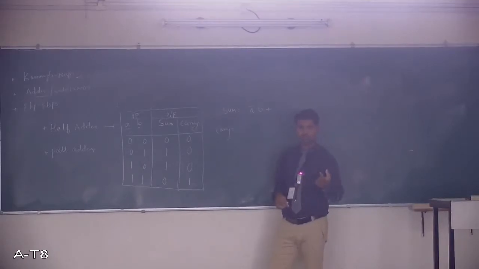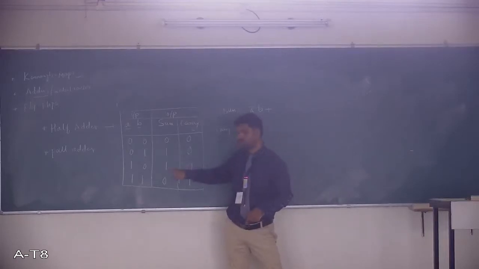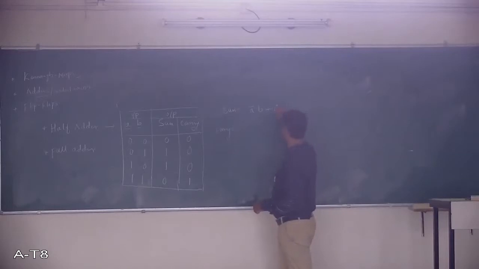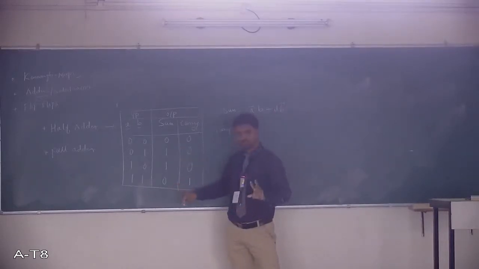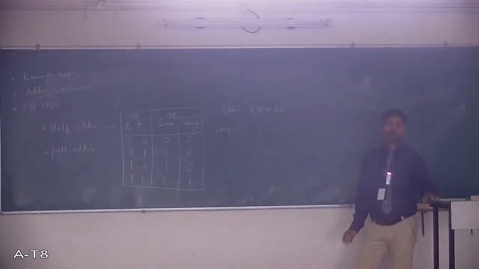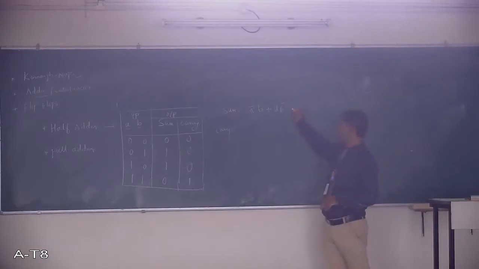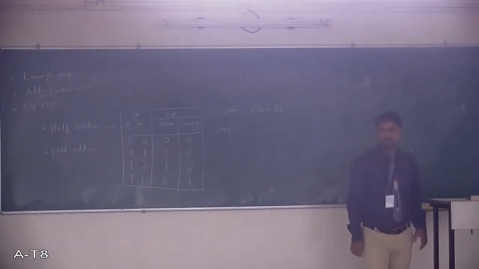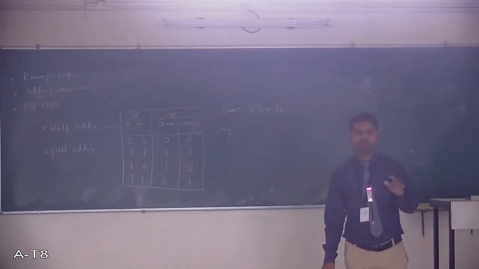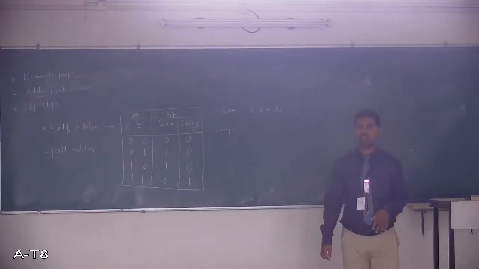Then output is 1 here: A, B bar. Are any other combinations 1? No, only 2. So A bar B plus A B bar. Heard this expression before? Which function? XOR function. A XOR B, right?